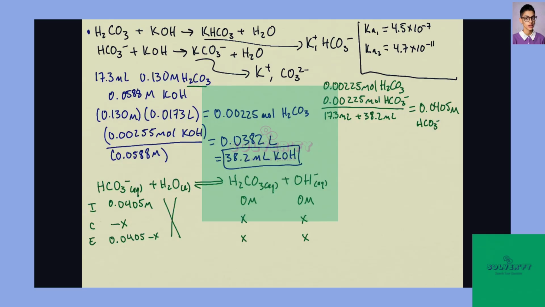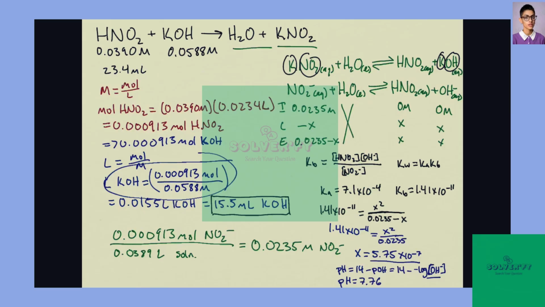Ka1 corresponds to the loss of the first proton, so equation 1, and Ka2 corresponds to the loss of the second proton, or the second equation here. Now, using Ka1, we can do the same process that we did here in the first problem.